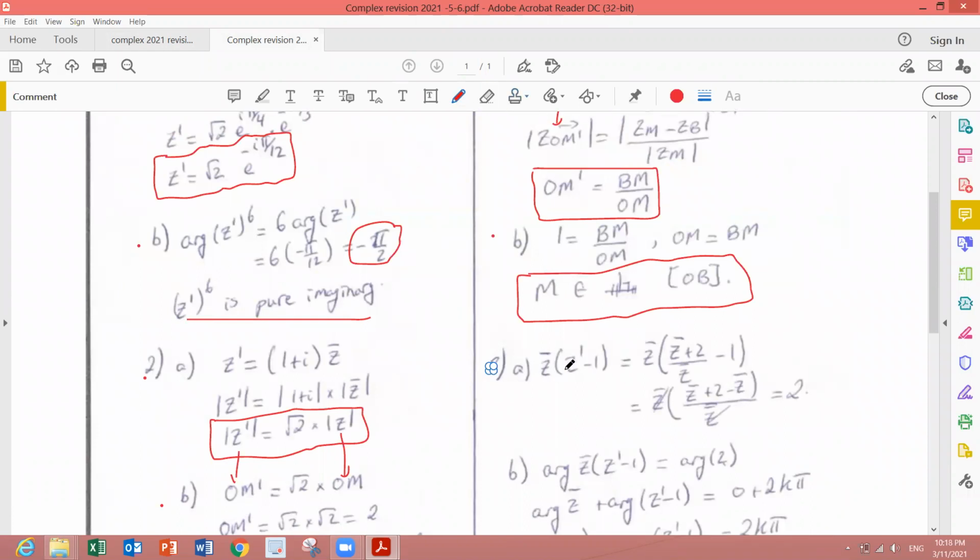Z bar into Z prime minus 1, I replace Z prime by the value. So Z bar into Z bar plus 2 over Z bar minus 1. We take the LCM: Z bar plus 2 minus Z bar over Z bar. Z bar simplified, Z bar minus Z bar is 0, we will get 2.